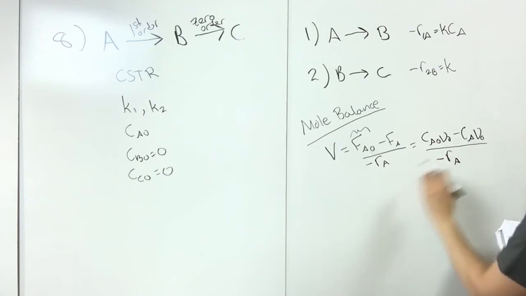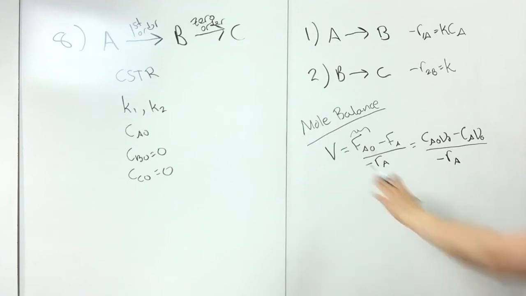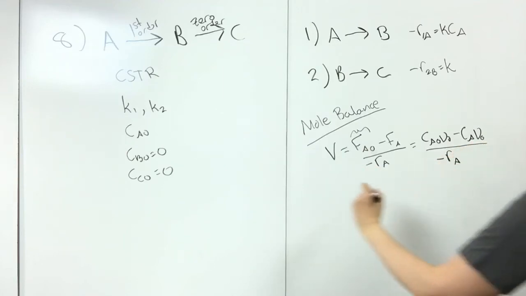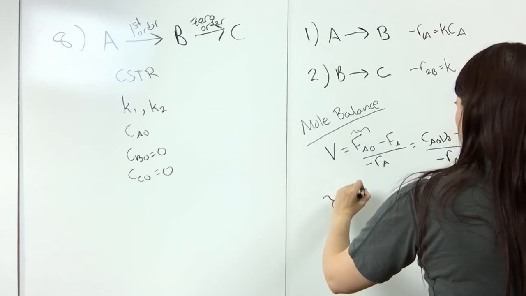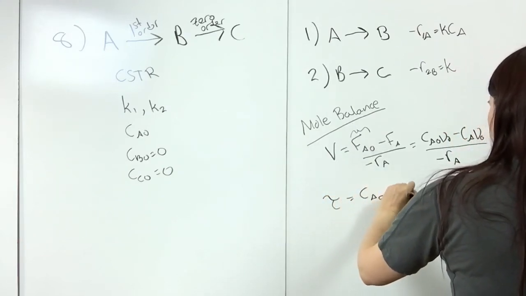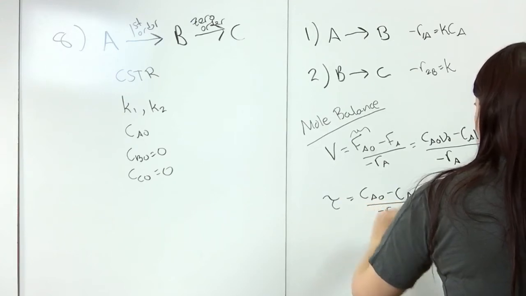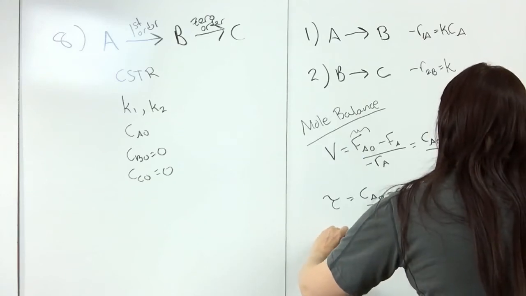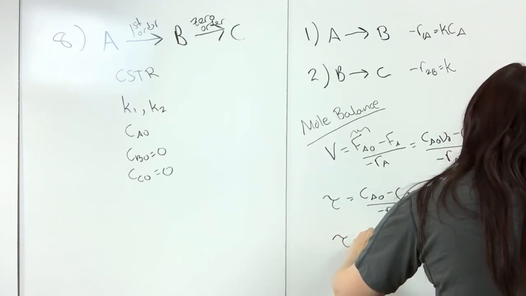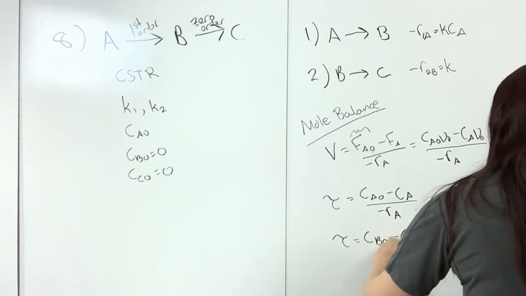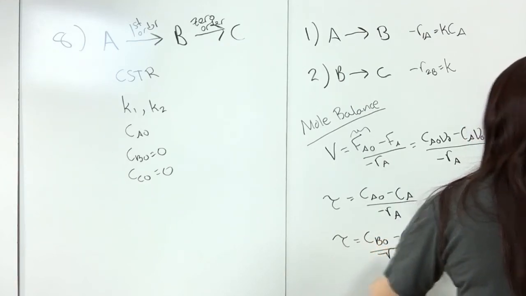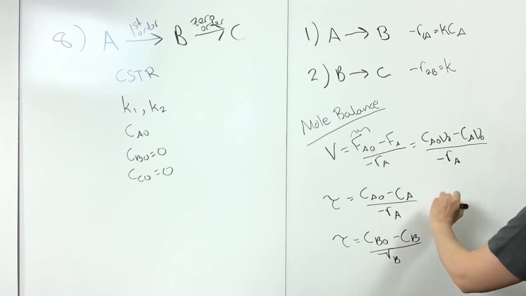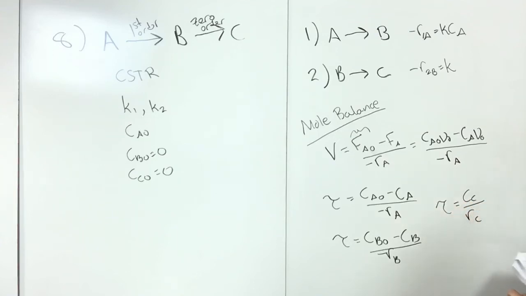Because it wanted it in terms of residence time, which is V over V naught, we divide by V naught and get tau is equal to CA naught minus CA over minus RA. Then we can write the same thing for B: tau is equal to CB naught minus CB over minus RB. We can also write this for C: tau is equal to CC over RC.